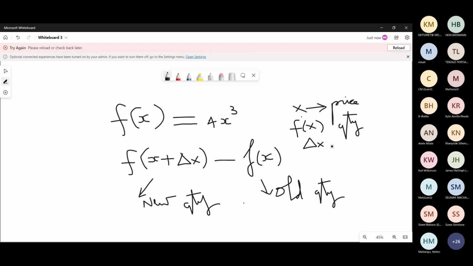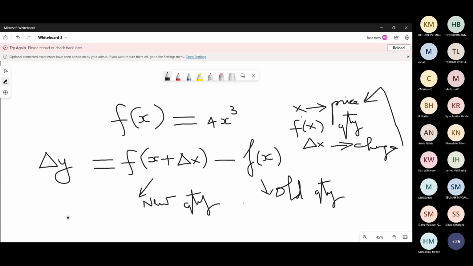If delta is the change, like the change in price, then this difference is the change in the quantity. Here we have the old quantity before the price goes up or down, and this is the quantity after the price has changed.